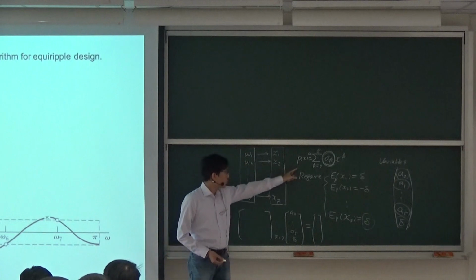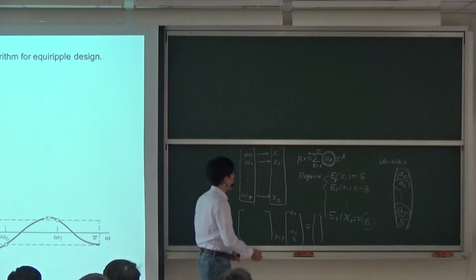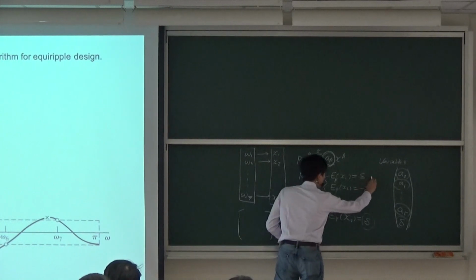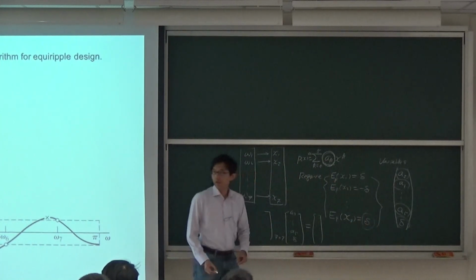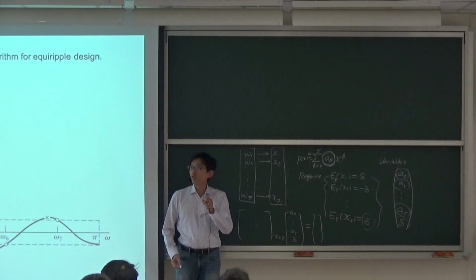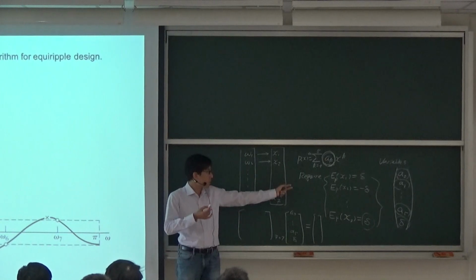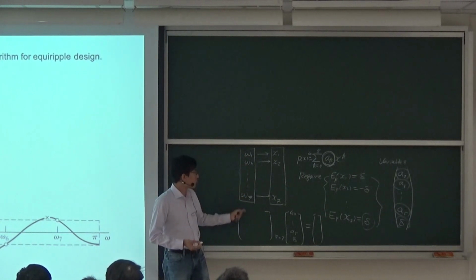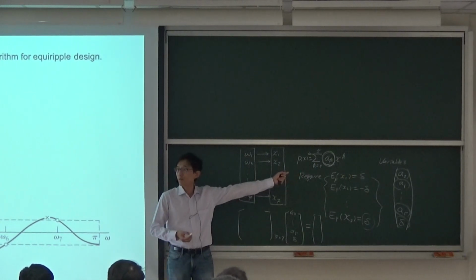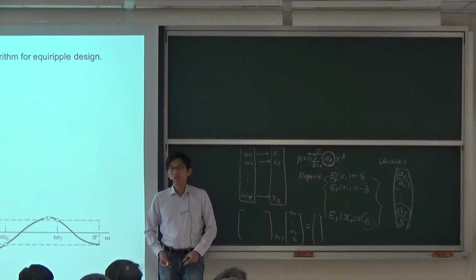The polynomial we find would indeed satisfy all these equations, that's for sure. But what is not guaranteed is that, after we find the polynomial, these frequencies might not actually be the extremum frequencies of that polynomial.